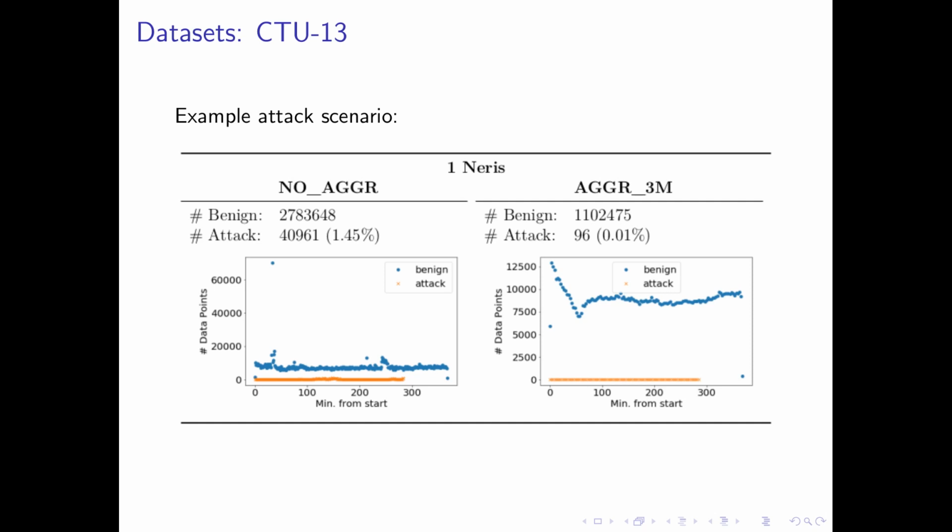And on the right we see the picture after aggregating, computing aggregated statistics over the window of 3 minutes. We can see the picture is different, and if we look at the percentage of the attack data points, that also changed from 1.45 to 0.01.